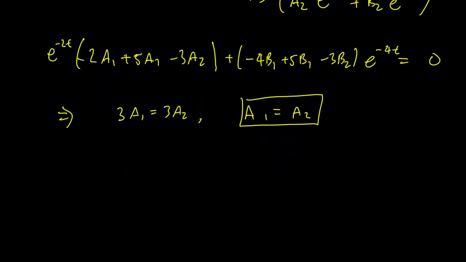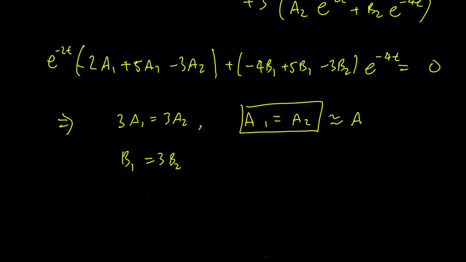And also we have b1 = 3b2 from the second clump here, and that eliminates the other constant. So what happens now is that we can simply say that a1 = a2 = capital A, and b1 = 3b2 = capital B.